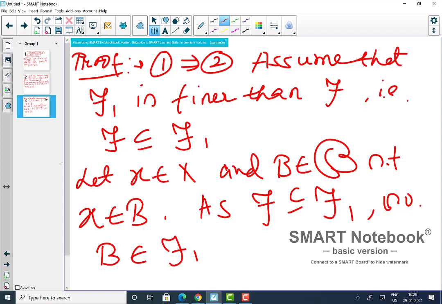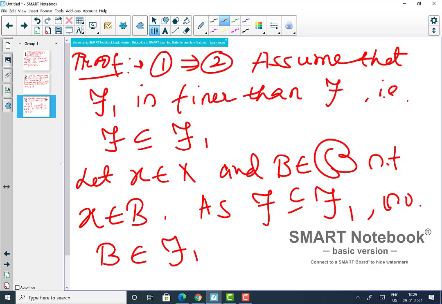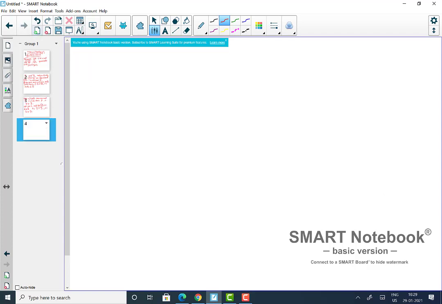So this condition is true, right? Now I need to show that there exists an element of the basis B1 which contains the point x and is also inside the given basis element B. This is obvious from the definition of tau1. What does tau1 tell you? Tau1 is the topology generated by B1.